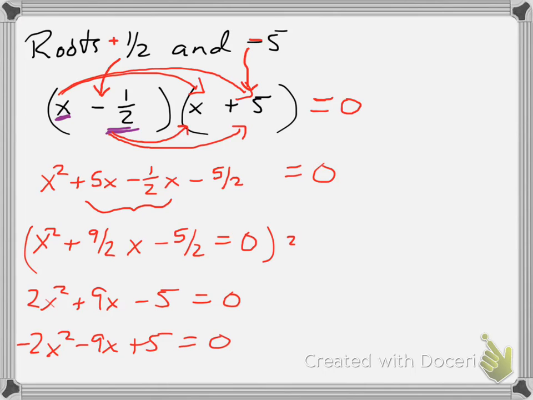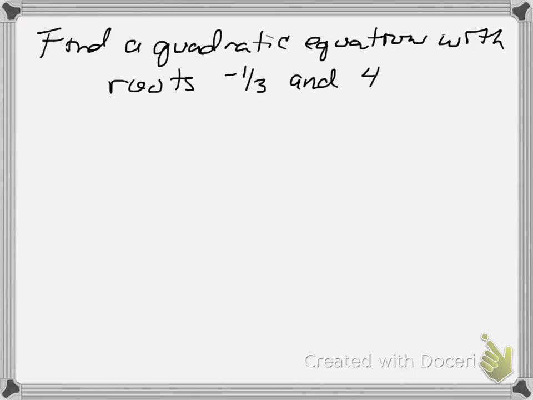Let's try again. -1/3 and 4. We're going to write down 2 sets of parentheses with x's, and we're going to write the opposite of each root. X plus 1/3, x minus 4.